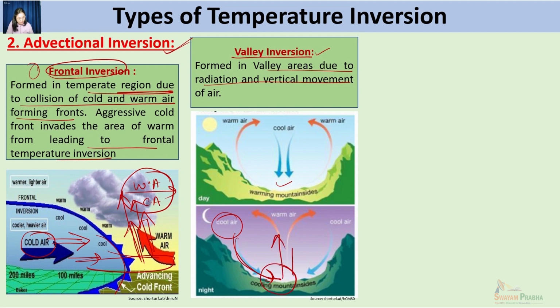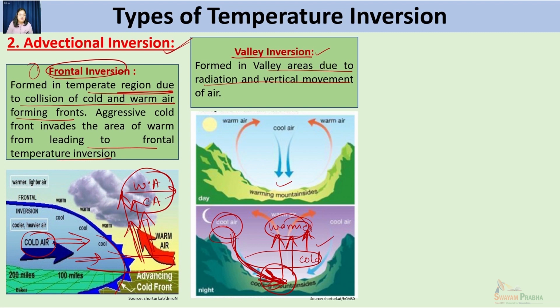In the process, the warmer air of the valley floor is tossed upwards by the descending cold and heavier air from the upper parts of the valley. So warm air lies above the cold air, and this process leads to the formation of temperature inversion. Cold air coming from the top of the mountain completely invades the valley floor, tossing the warmer air of the valley floor to the upper regions, leading to temperature inversion.